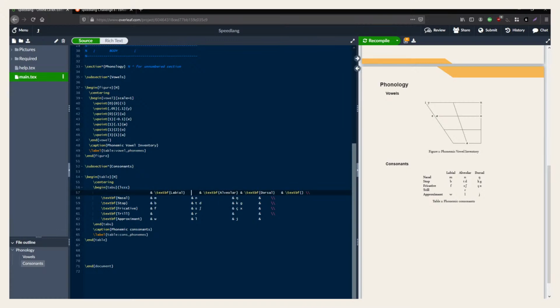Oh, yeah, I messed that up. There we go. Yep. So I'm going to get rid of the labels. And of everything in between.